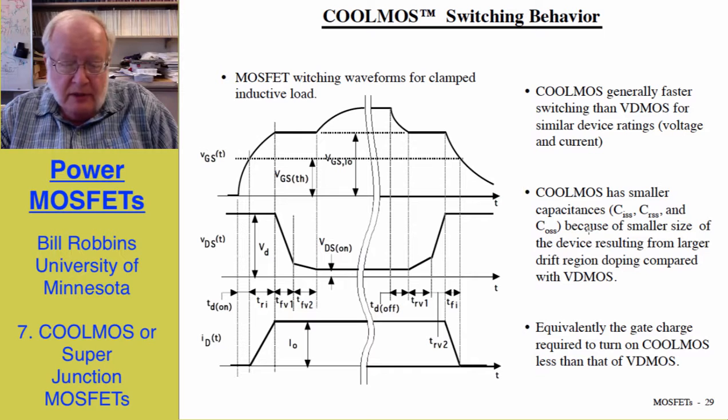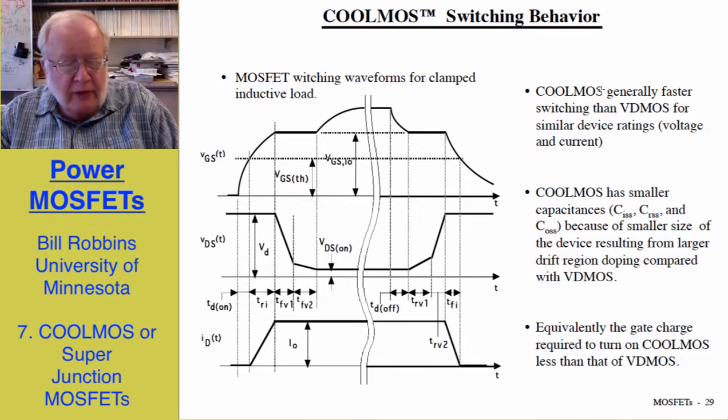And this is a result of the smaller size of the cool MOS device, because it has a higher drift region doping and thus lower on-state resistance. So for equivalent devices with equivalent on-state resistances, cool MOS is going to be substantially smaller. Another way of putting it is the gate charge required to turn on a cool MOS device is going to be significantly less than that for a vertically diffused MOS.